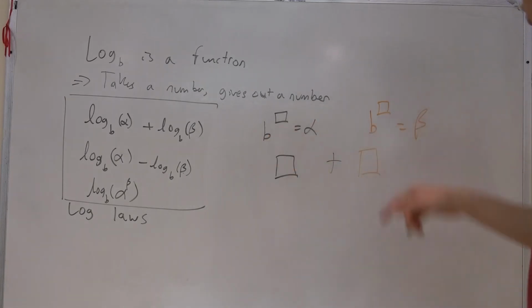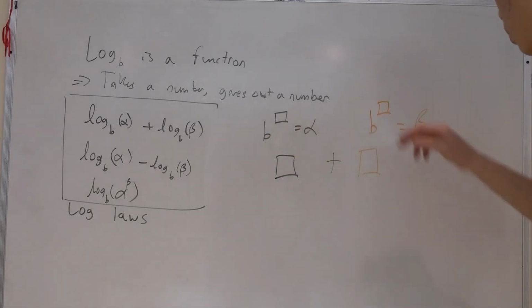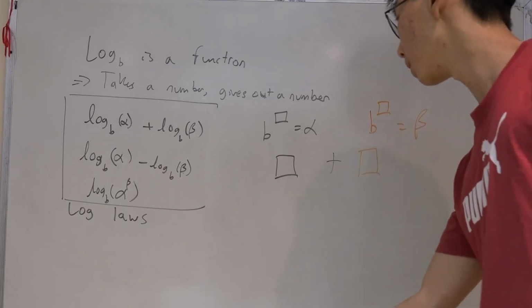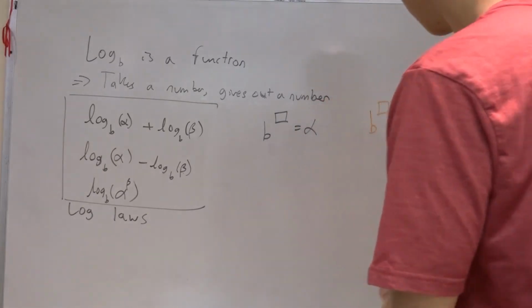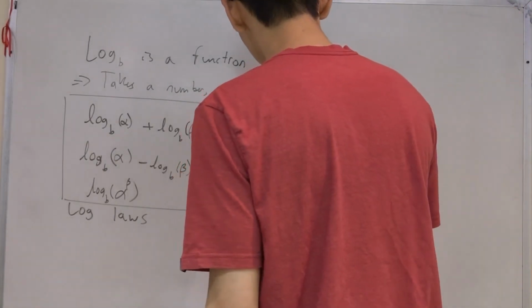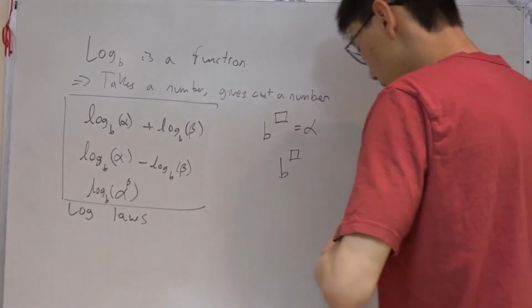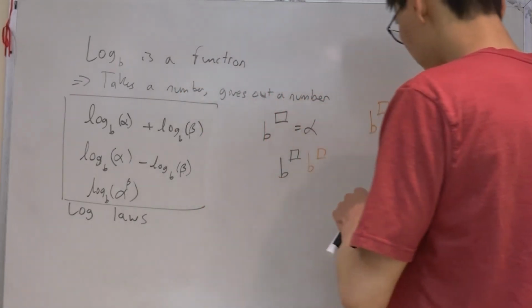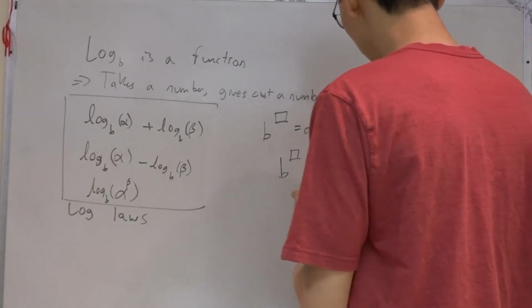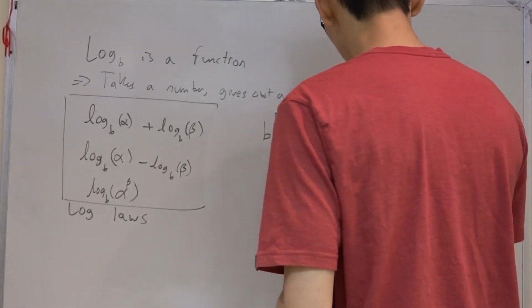You see, these two are equations, right? Black box and orange box, B, alpha, and beta. Okay? We can do something to them, very clever, which is to multiply them together. And what does that give us? B to the black box times B to the orange box is equal to alpha times beta.